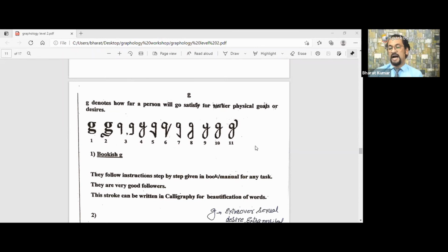Now, the third kind of G. I have given here 2G in the third type. Now check it, please. The third kind of G is a longer G, very long. Unnecessarily, this G is visible because of its long size.